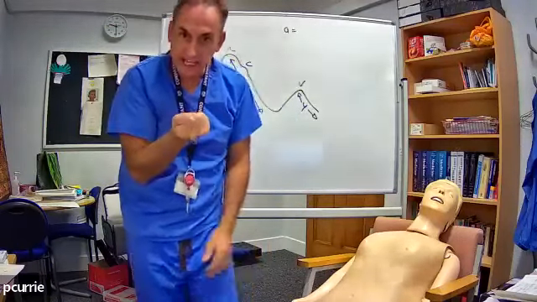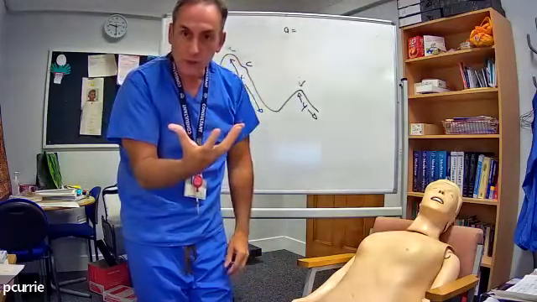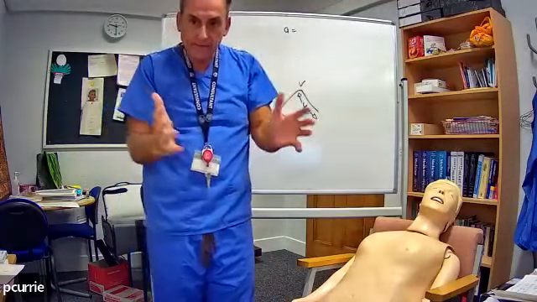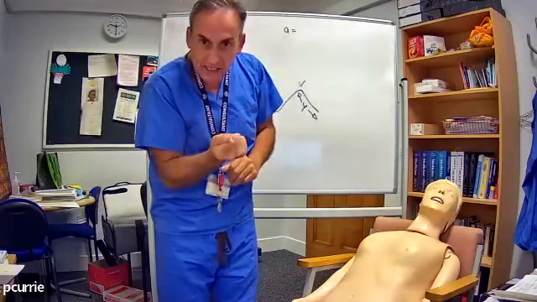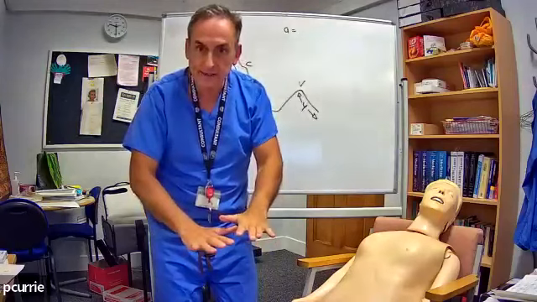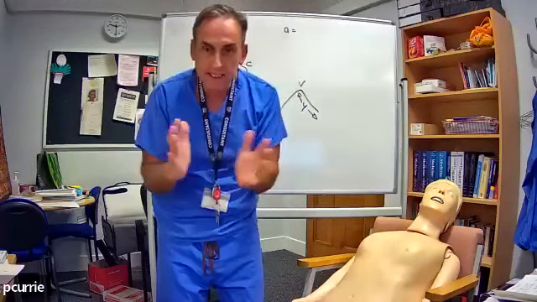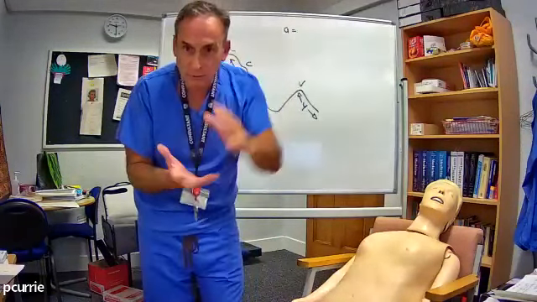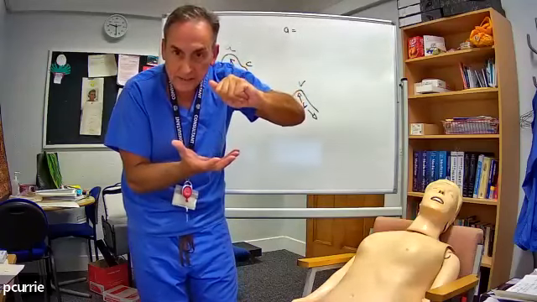So the ventricle will fill in diastole on its own, and as it fills up, just before it's about to contract, the atria will contract to squeeze some more blood in, so that every heartbeat is as efficient as possible. So that's the atrial contraction.